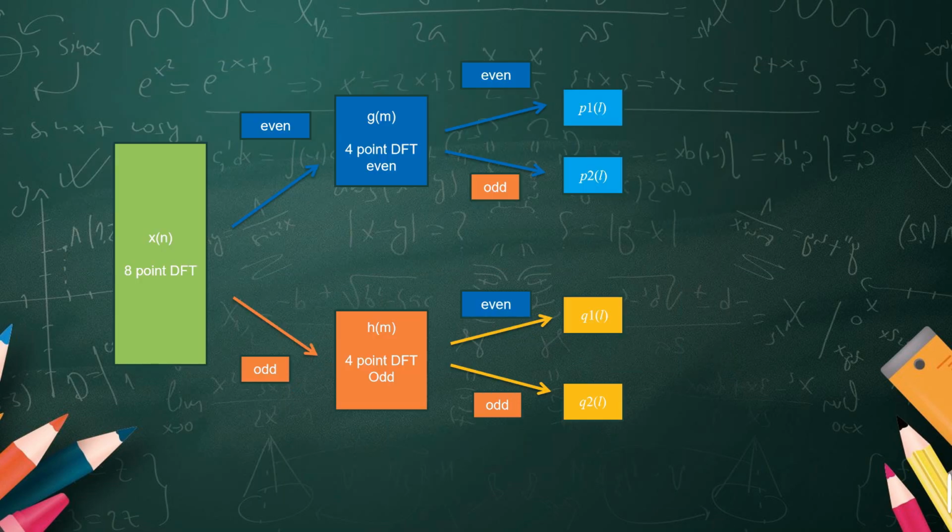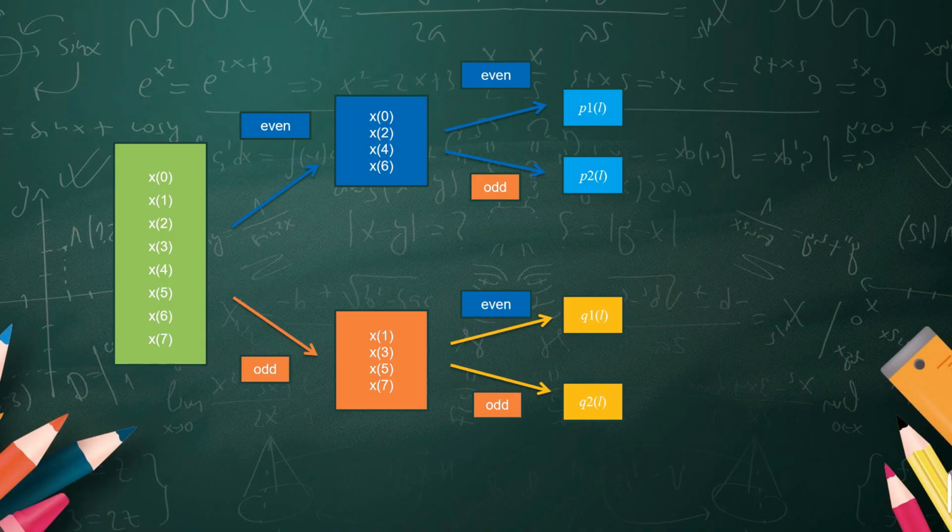Next, we draw the pictorial view of splitting the index of x(n). x(n) consists of x0, x1, x2, x3, x4, x5, x6 and x7. First we take the even sequence of x(n) indices and name it G(m). They are x0, x2, x4, x6. Then again we split G(m) into even part and odd part.